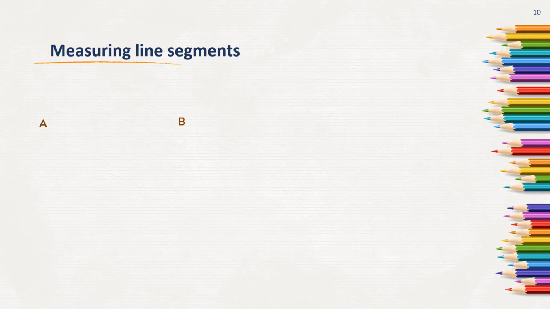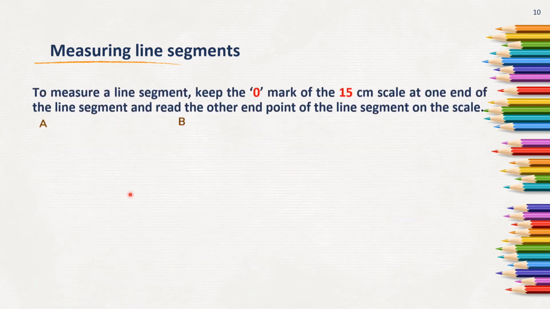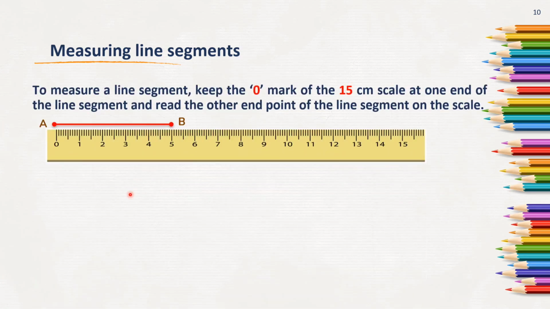Measuring line segments. How can we measure line segments? To measure a line segment, we need to use a ruler or scale. One edge of a ruler is marked in centimeters. Look at the ruler here. I think you can see the 10 small lines between 0 and 1. These lines are called millimeters. Each centimeter is divided into 10 equal parts.